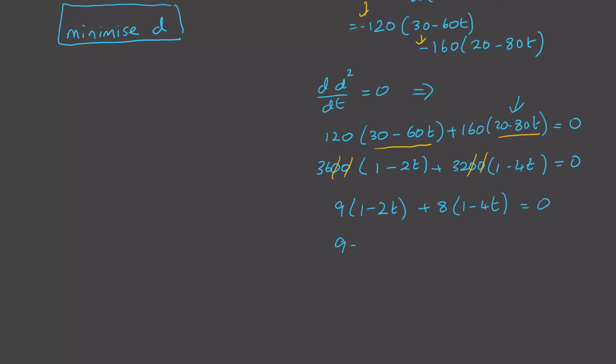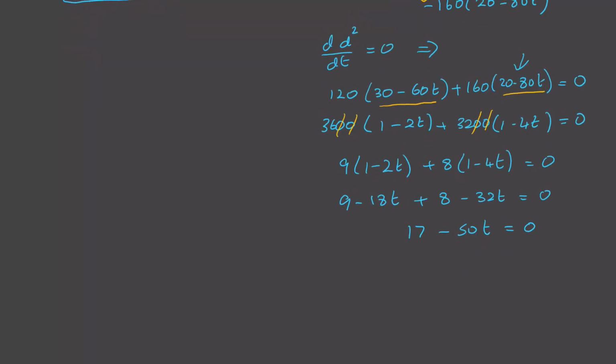So that's 9 take away 18t plus 8 take away 32t is equal to 0. And that gives us 17 minus 50t is equal to 0. So t is going to be 17 over 50.